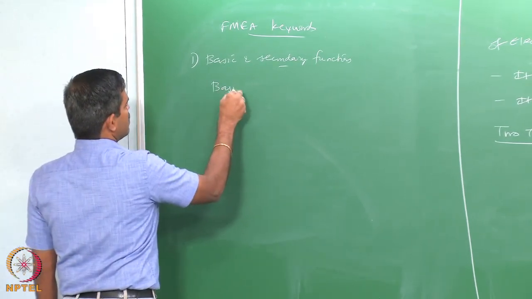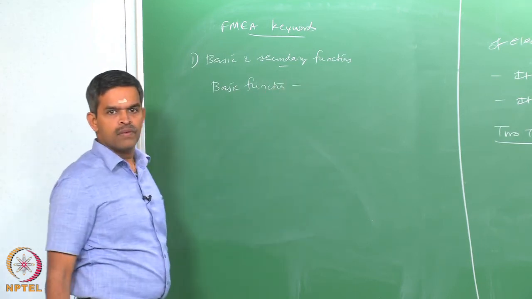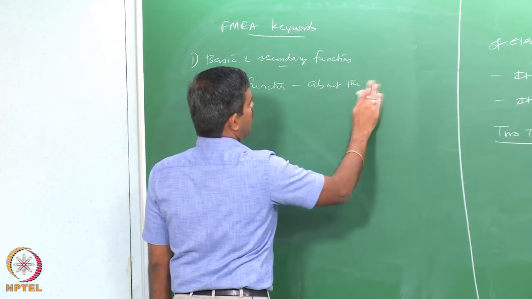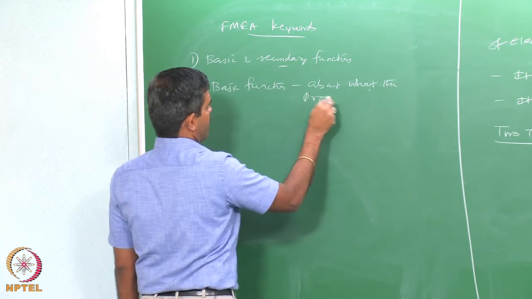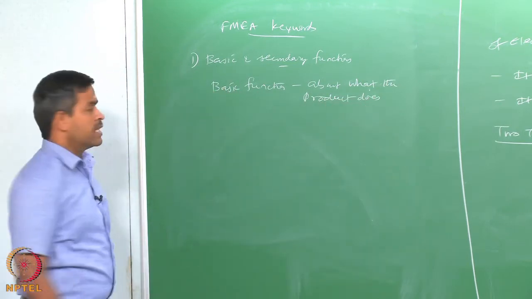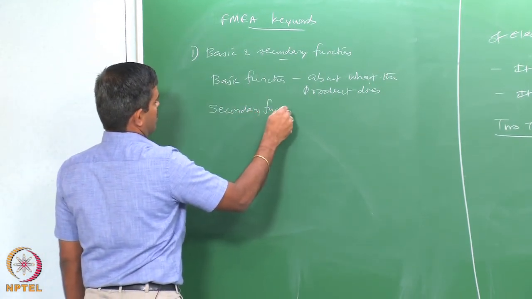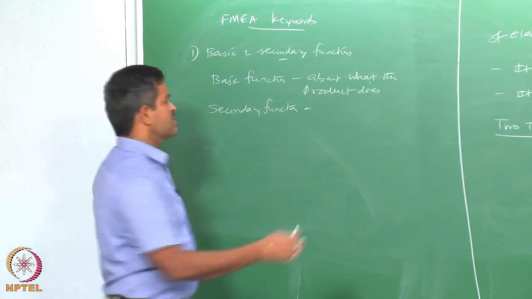Basic function describes what the product does. Secondary function describes what the process does.